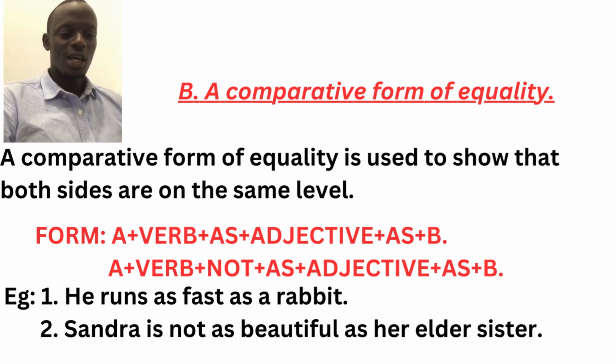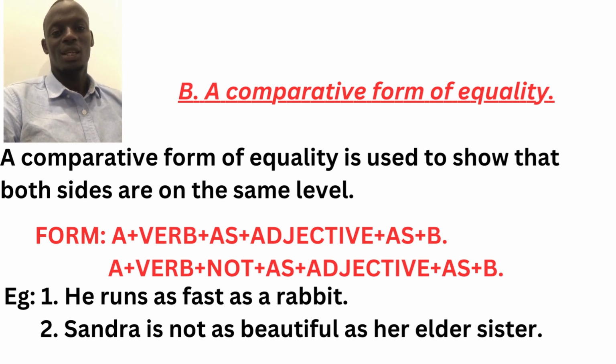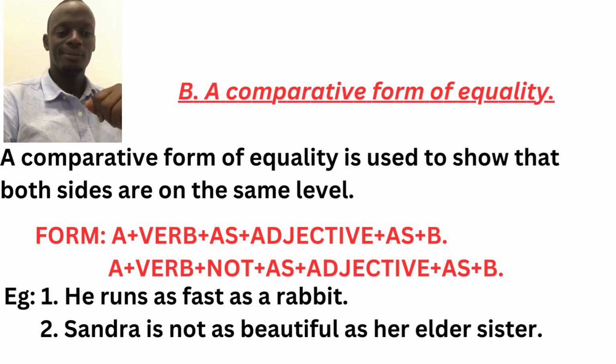Sandra is not as beautiful as her elder sister. Here we have another form, which is the negative form. In the negative, we add the word not. Sandra is not as beautiful as her elder sister. We don't say Sandra is as not beautiful as her elder sister.